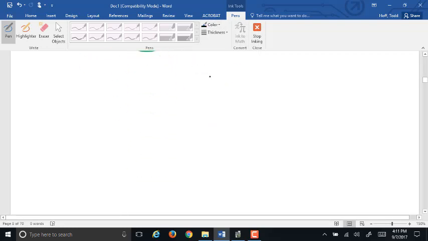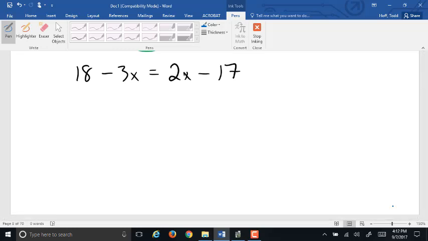Let's have you guys try one in your notes. Try that one. 18 minus 3x equals 2x minus 7. Tell me what to do. We could subtract 2x.